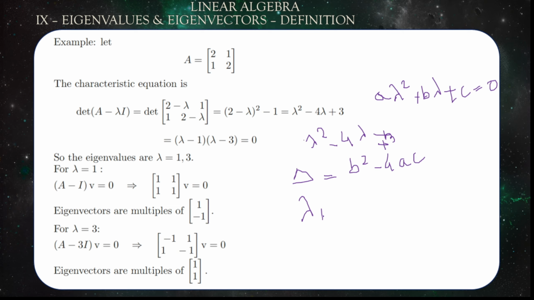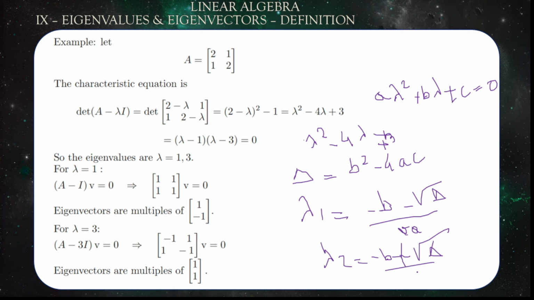Then lambda 1, the first root, is equal to minus b minus the square root of delta divided by 2a, and lambda 2 is minus b plus the square root of delta divided by 2a.